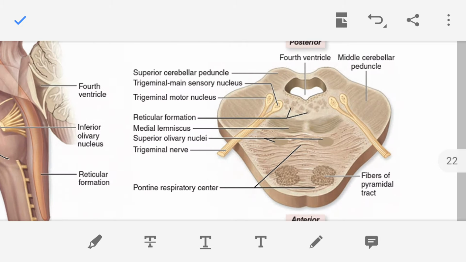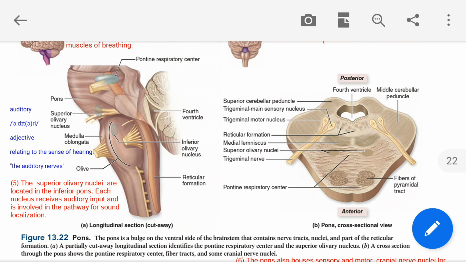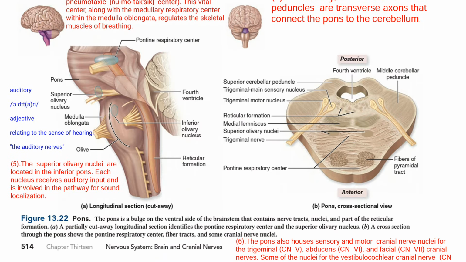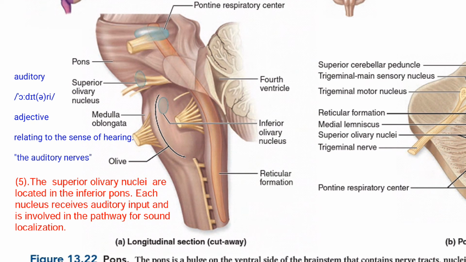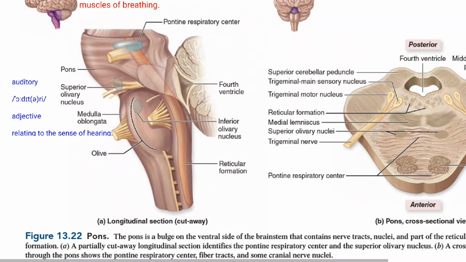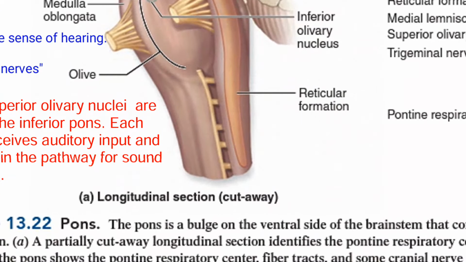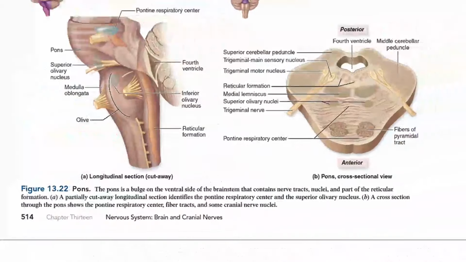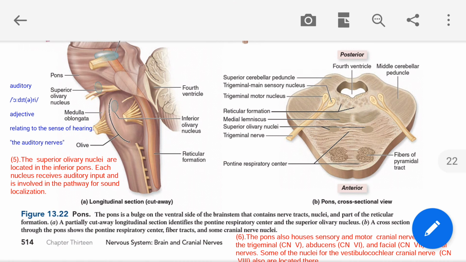First of all, what is this figure showing? On the left hand side, they are showing the brainstem, and here the pons is shown. This is a longitudinal section cut away.